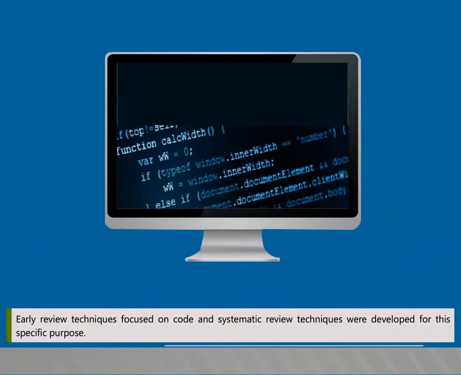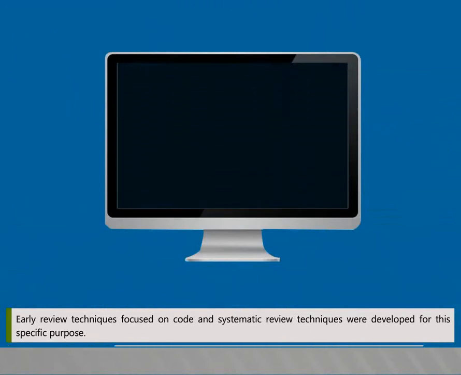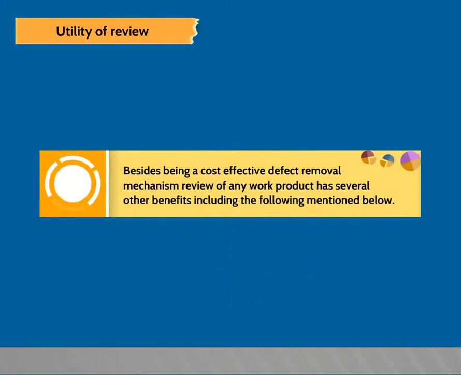Early review techniques focused on code, and systematic review techniques were developed for this specific purpose. Utility of review. Besides being a cost-effective defect removal mechanism, review of any work product has several other benefits, including the following.